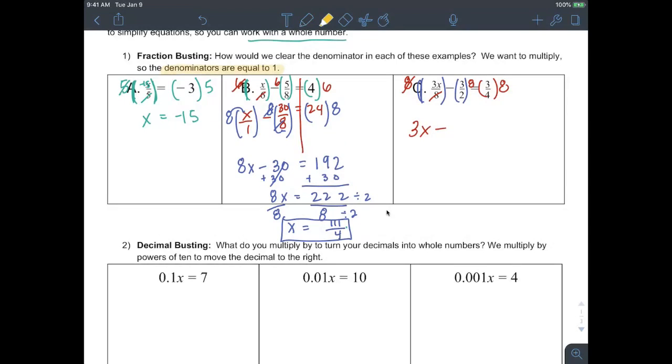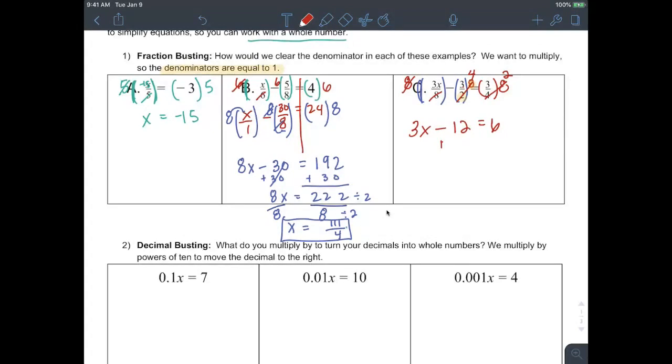So anything from the top of the fraction and anything from the bottom of the fraction can, if they can divide, then we can cancel them out. So 8 divided by 2 gives me 4. So 3 times 4 is 12 equals, and then the same thing, what's 8 divided by 4? That's 2. 3 times 2 is 6.